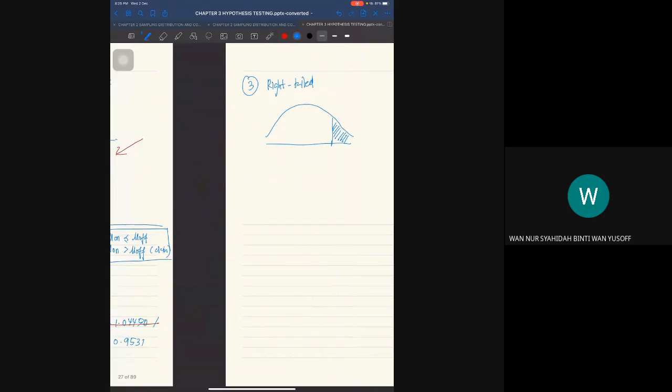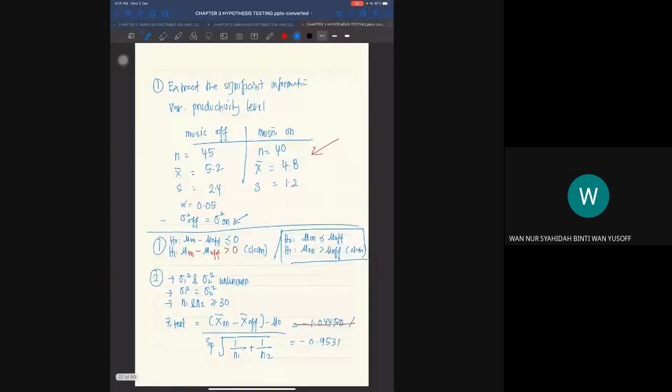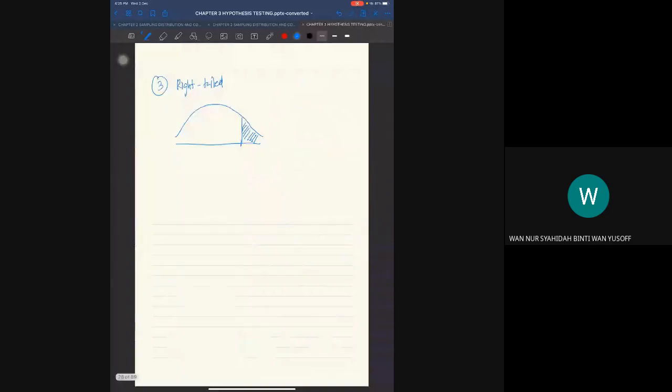Right tail is a one tail, so no need to divide alpha by 2. So you have Z 0.05, which is 1.6449.